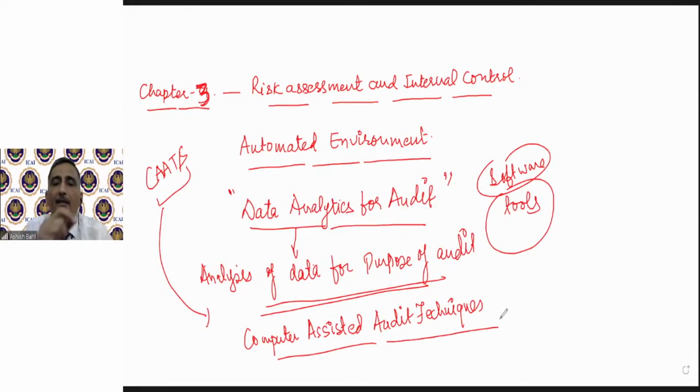So remember this term CATs and its full form, computer assisted audit techniques. So what are CATs? These are a tool for data analytics. These help the auditor to go through a large amount of data, to go through a large amount of information, and to analyze the data.